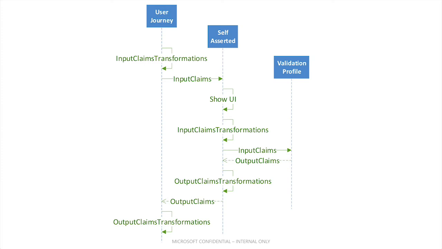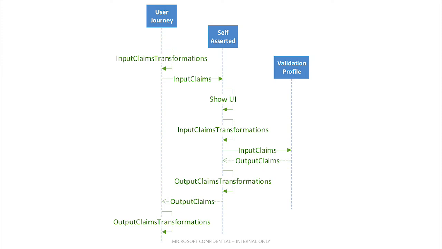It will never make it into the user journey. That object ID disappears, it dies. You have to add it as an output claim of the self-asserted provider for it to get out into the claims bag of the user journey storage. So this slide is basically a way for me to organize how all these technical profiles, transformations, and input and output claims happen.